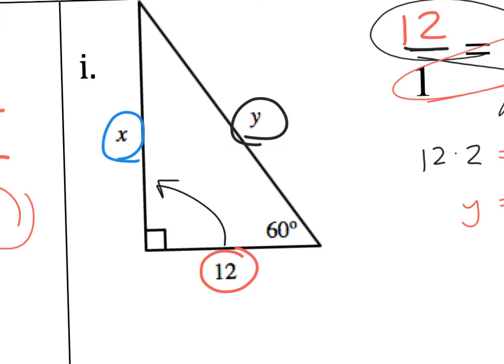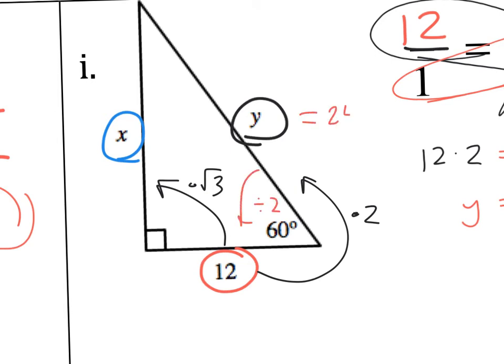I should have been going this direction, times radical 3. And this one is doubled, times 2. Which means, if I'm going the other direction, I have to divide by 2 from there to there. So y is 24, and x is 12 radical 3.